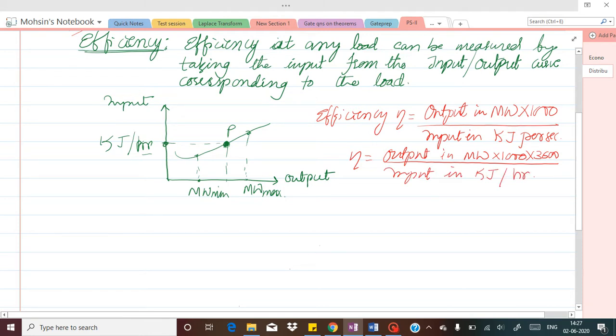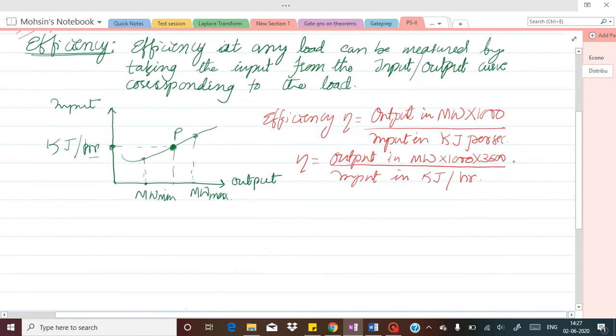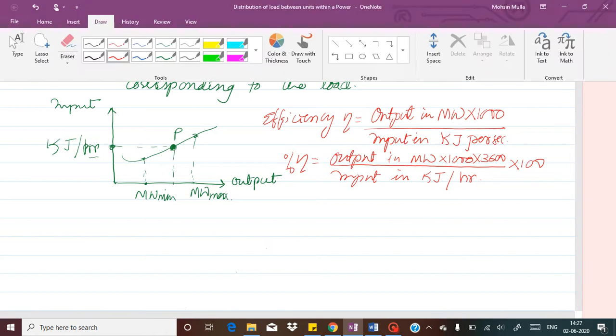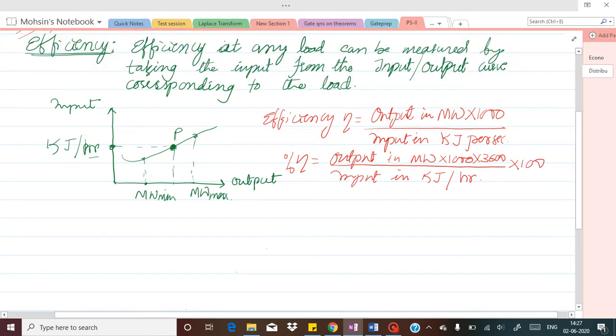If I multiply this by 100, the efficiency is represented in terms of percentage. This is the formula for efficiency, and we need to remember it.